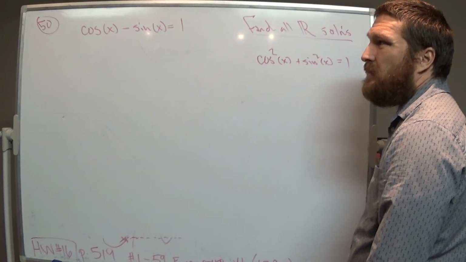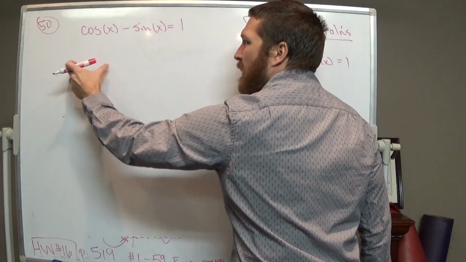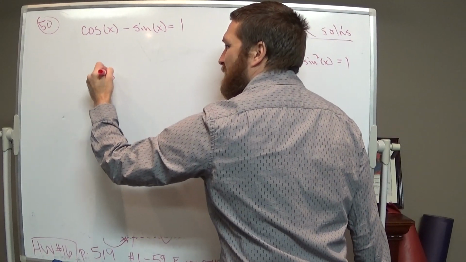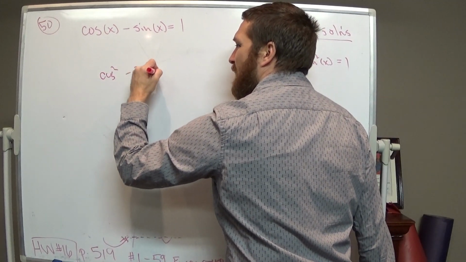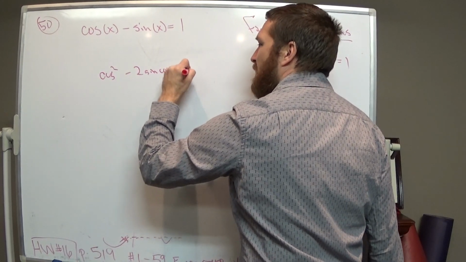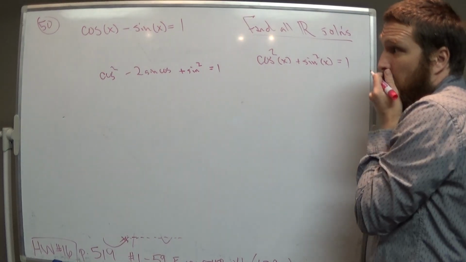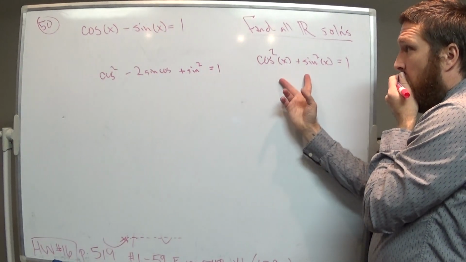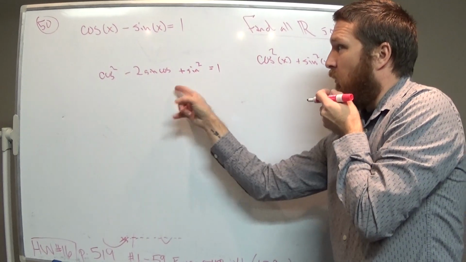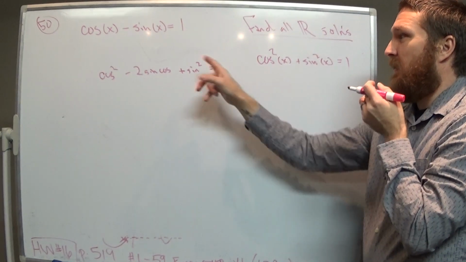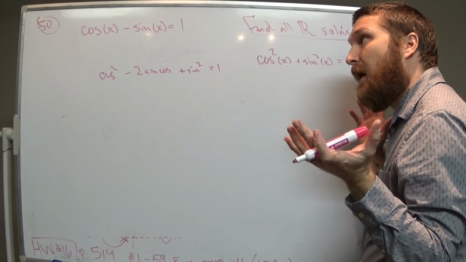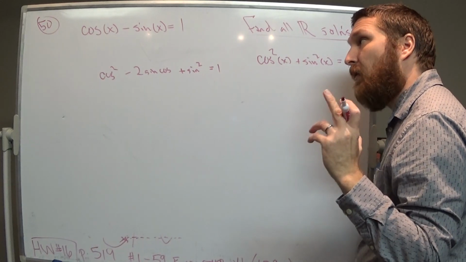But then think about what's going to happen. You'll get cosine squared minus 2 sine cosine plus sine squared equals 1. And actually, that's kind of cool because it's just 1 minus 2, and then the 1 and the 1, and actually that's not too bad. That's actually not bad at all. You could do that.